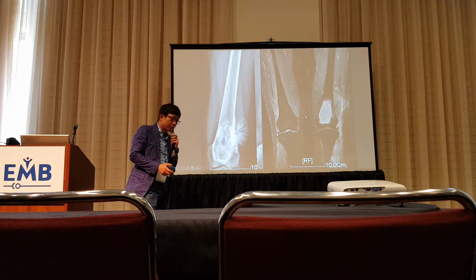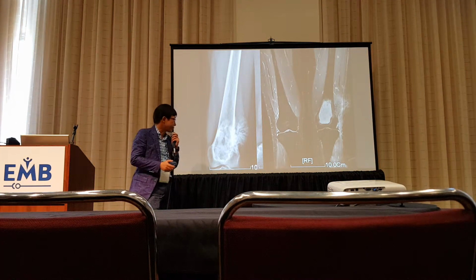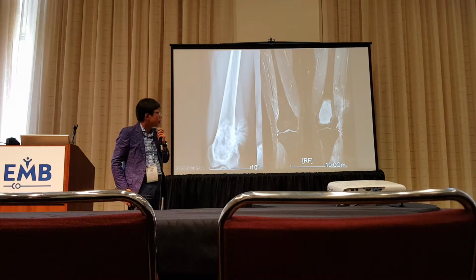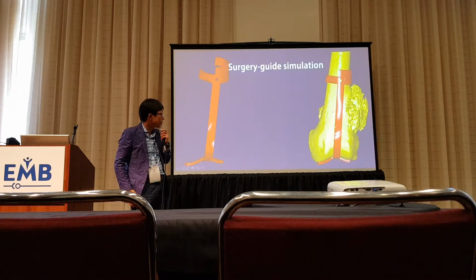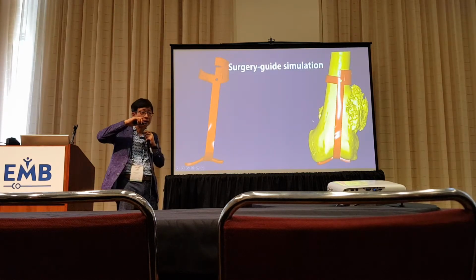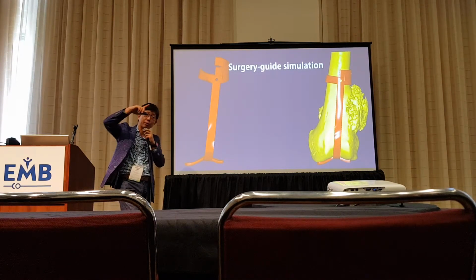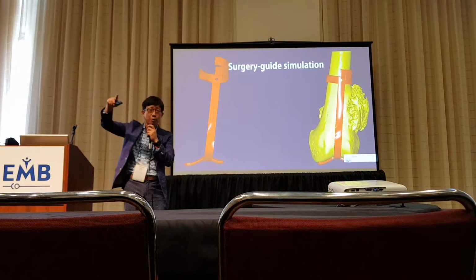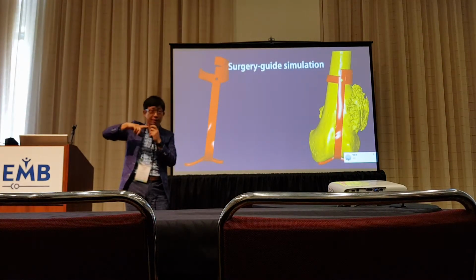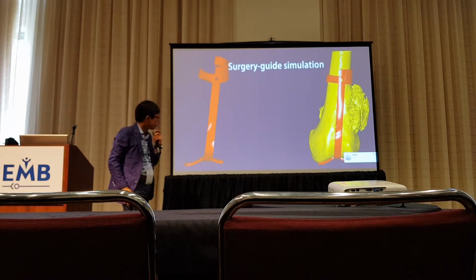And this is another practical case. This patient has a bone tumor inside the patient's leg, and before we decide the surgery, we need to decide the cutting level to eliminate recurrence of the tumor.